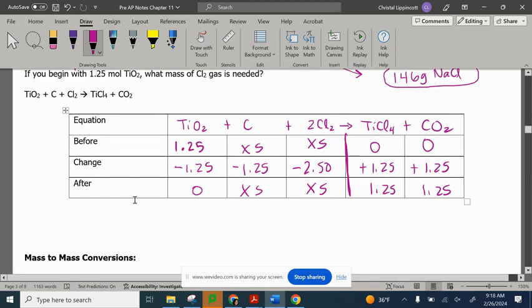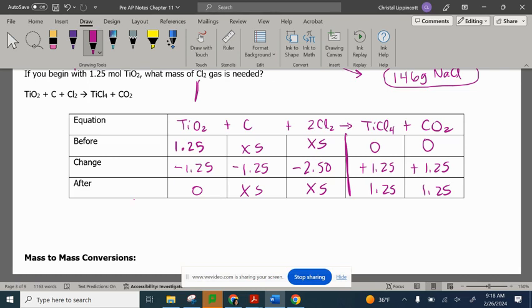All right. So you're good? You got your chart filled in? Did okay with that at least? All right. Now, they wanted to know how much of the chlorine gas we're going to need. So I'm going to go back and focus on this section here. In order to run this reaction and use up all of this material, I'm going to need 2.5 moles of chlorine gas.